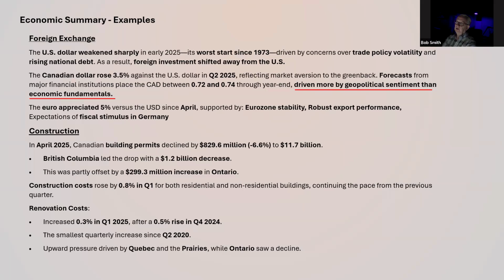Construction affects pretty much everything in our lives, particularly housing. So building permits declined, it said, by 829 million. Well, that's year over year. So in a way, not only is it saying, oh, that's not good, which of course is true, but the other point is, what was going on last year?